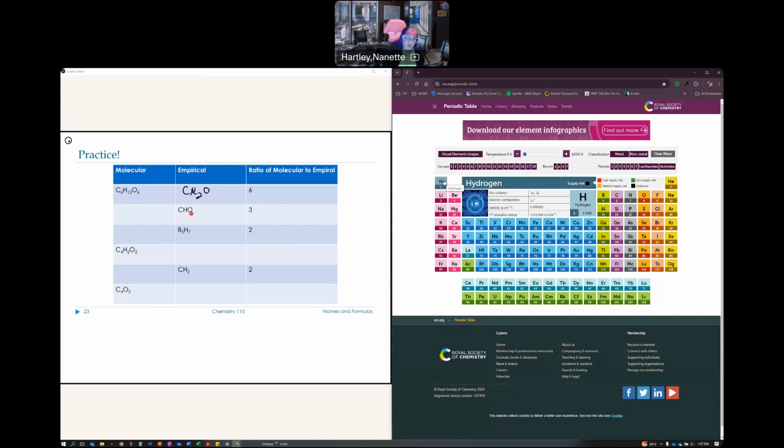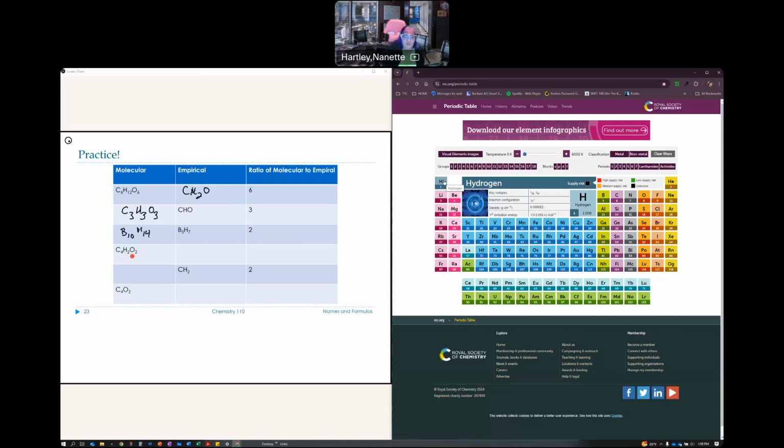Now, if I have an empirical formula of CHO and the ratio is 3, I multiply everything in this formula by 3, and I end up with C3H3O3. Okay. Looking here, I have a B5H7, and the ratio is 2. So I multiply everything by 2, I end up with B10H14. That's my molecular formula there.